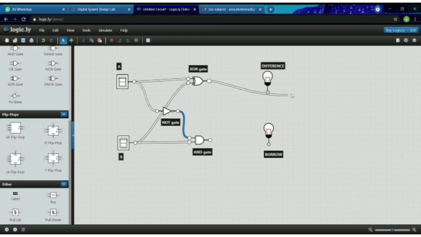And now we will be connecting XOR gate to the difference output and AND gate to the borrow output. Turning on switch B, we get two outputs, difference and borrow, and turning on switch A, we get only one output, that is difference. And turning on both, we didn't get any output.